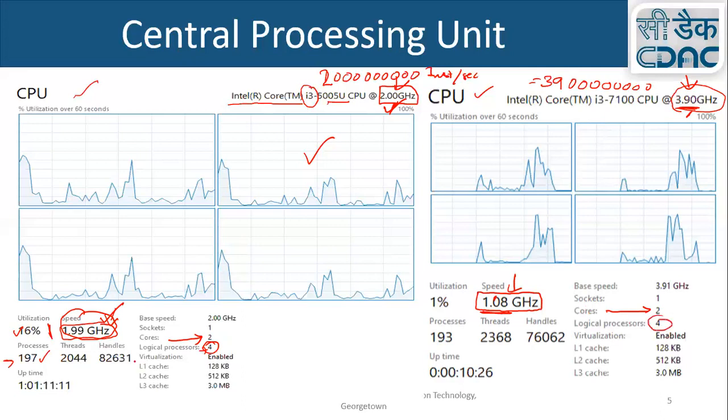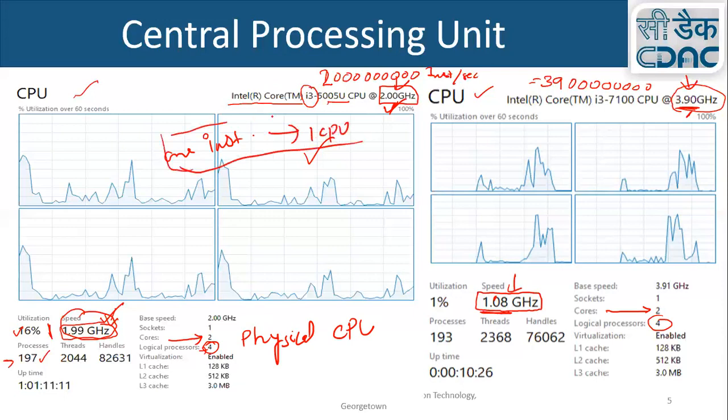Although your computer has only 2 cores, 2 physical CPUs, that means this many CPUs are installed in your system. But the logical processors means number of instructions. One instruction goes to one CPU at a time.